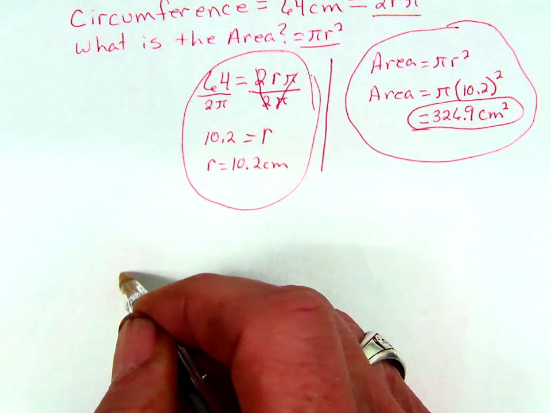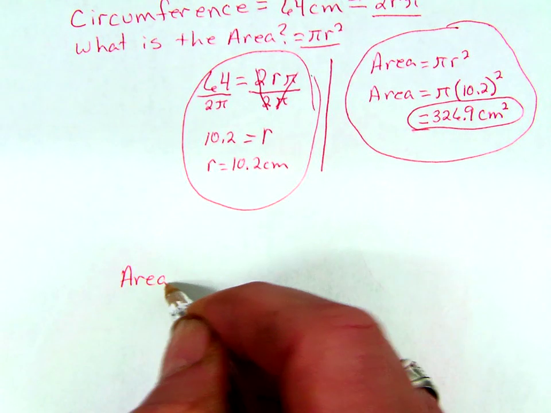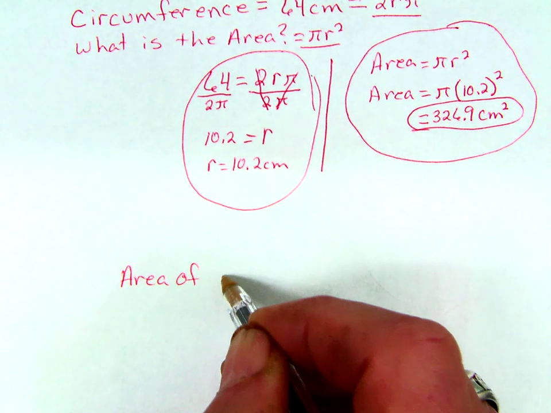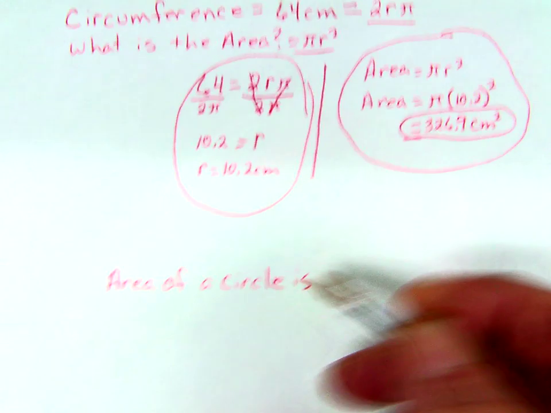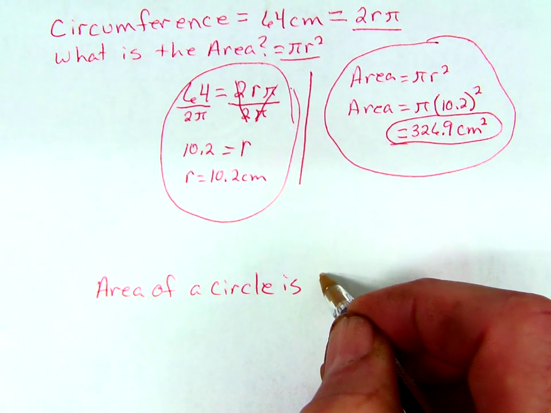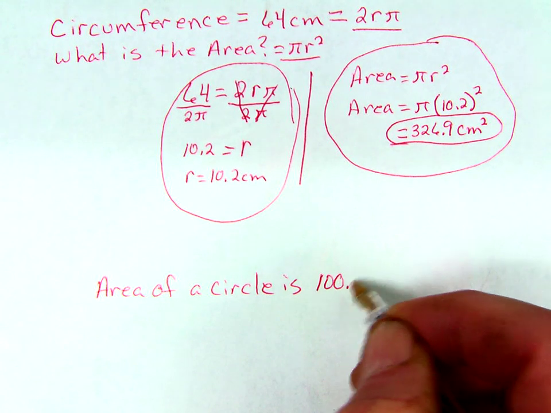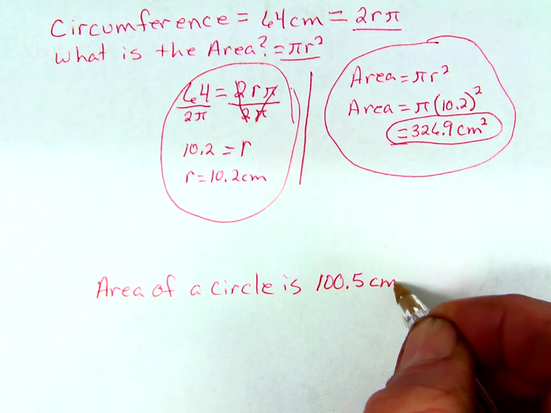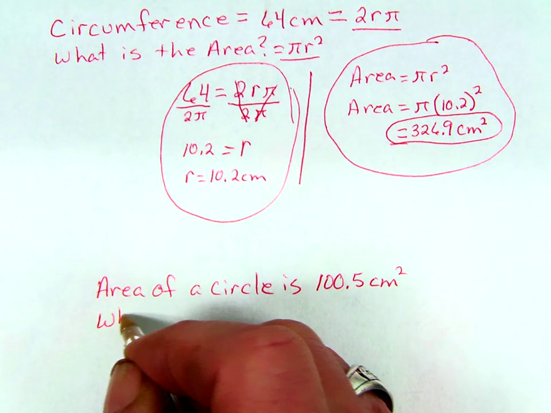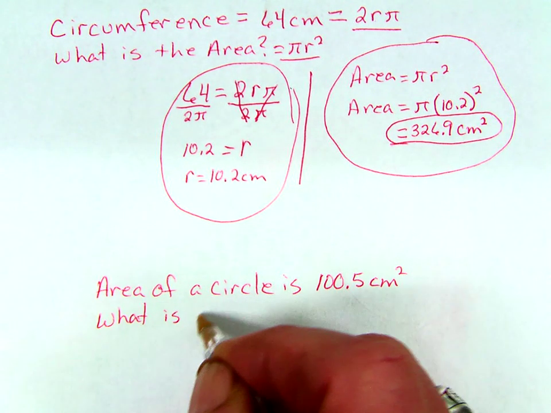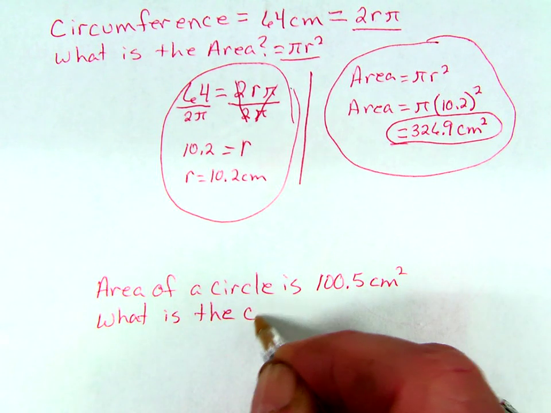What if they tell us that the area of a circle is, I don't know, we'll just use 100.5 centimeters squared. And they ask the question, what is the circumference?